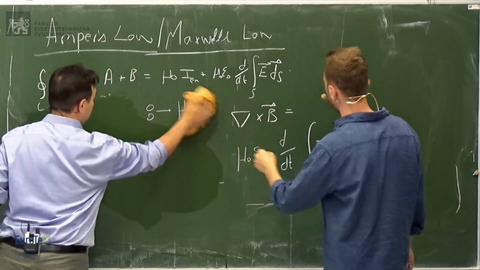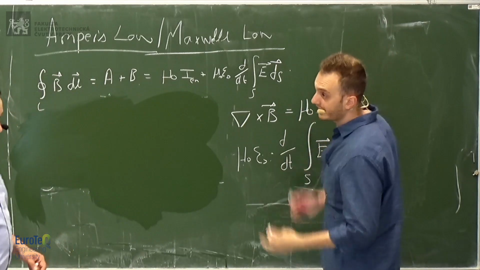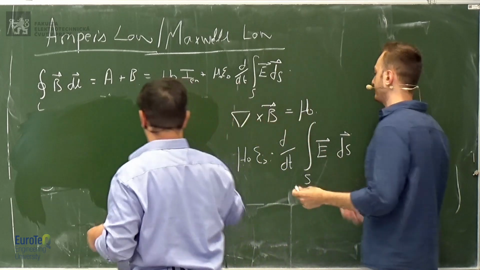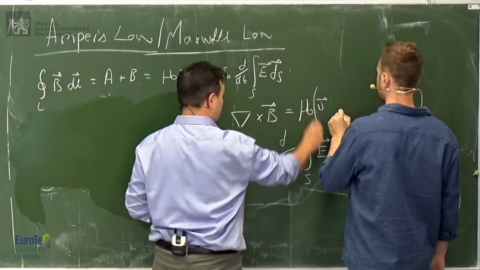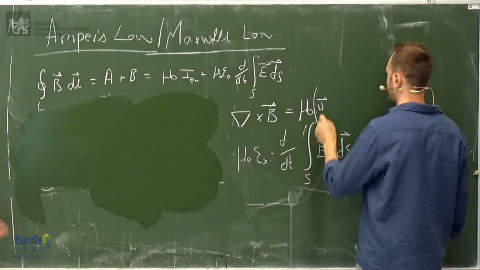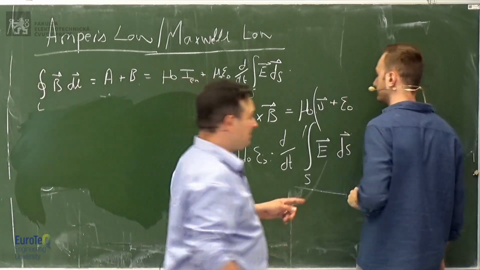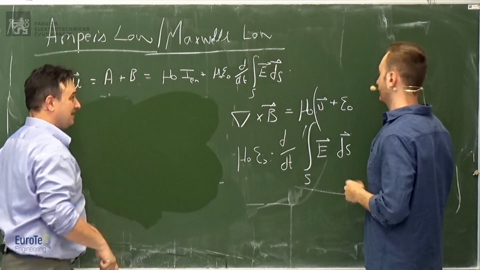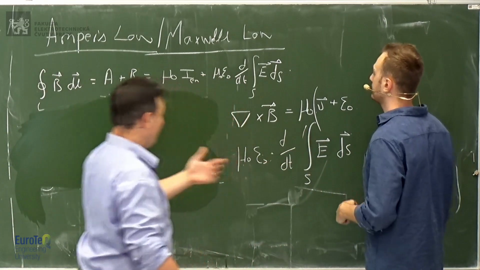Well, permeability will stay because it's a constant. And now we're dealing with a point, so we're not dealing with the area. So that means we need to know the current density in that point. So that's J. Don't mix it up with the imaginary number, which is typically lowercase.